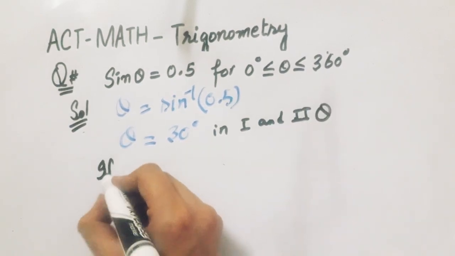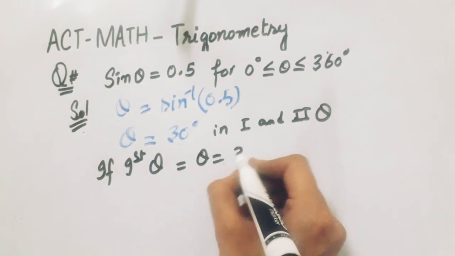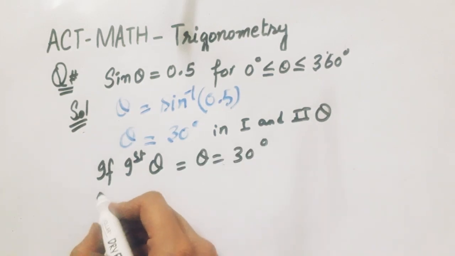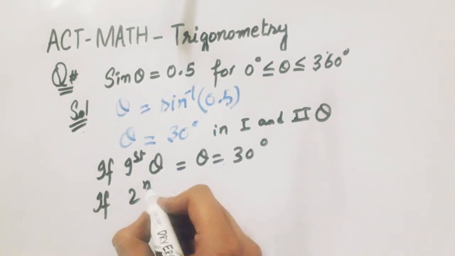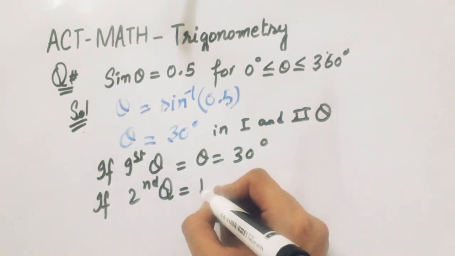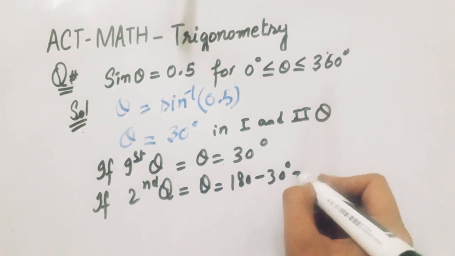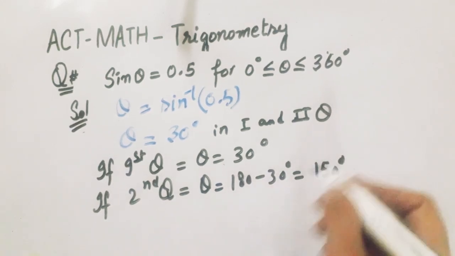So in the first quadrant theta is equal to 30 degree, but in the second quadrant sin theta is also positive, so we will get theta equal to 180 minus 30 degree which will be equal to 150 degree.